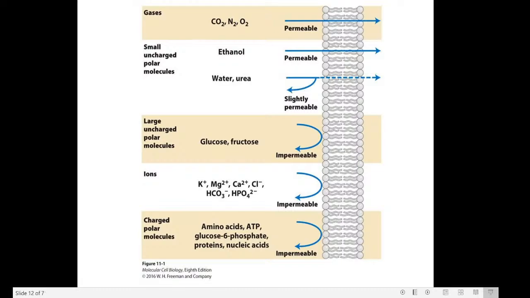Then ions: the cell can permeate potassium, magnesium, calcium, chlorine, carbonate and phosphate. All these ions enter through ionic channels. Charged molecules are also permeable in the cell membrane. The lipid is non-polar, but how does a charged polar molecule enter the cell?